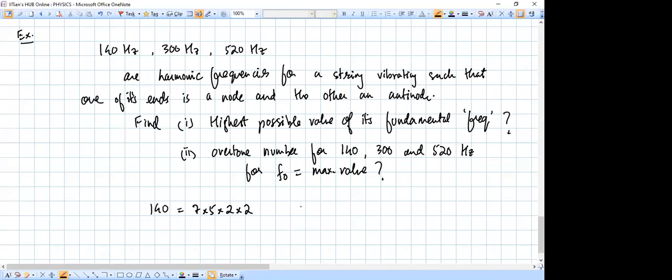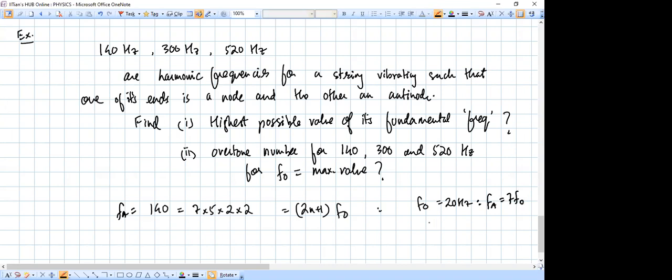Now this has got to be an odd multiple of some kind of fundamental. So that fundamental could be 20 hertz, in which case, let's say this is FA, FA is equal to 7 F naught.